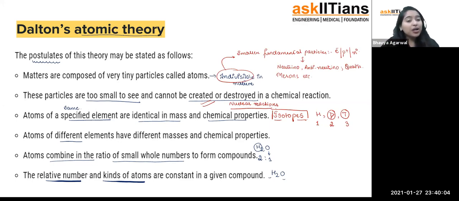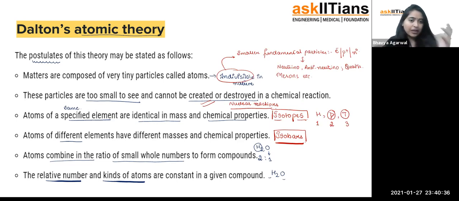Now, again, we talk about atoms of different elements have different masses. Again, that makes sense because if you have two different elements, we can expect them to have different properties. But again, we have another thing called isobars. What are isobars? Isobars are atoms having same atomic mass but different atomic numbers.